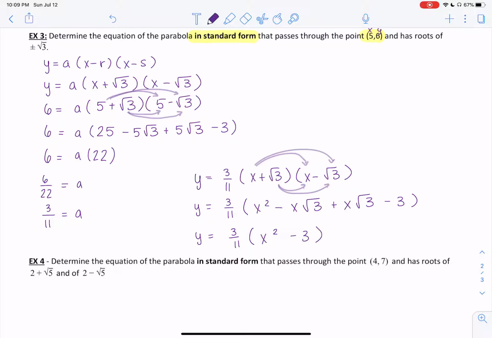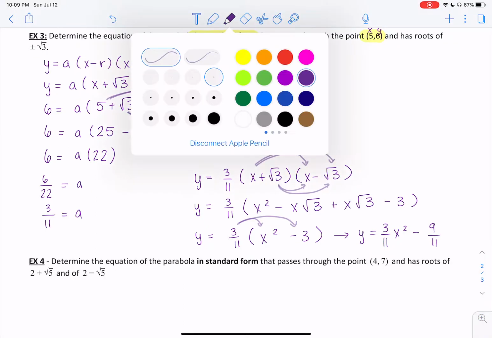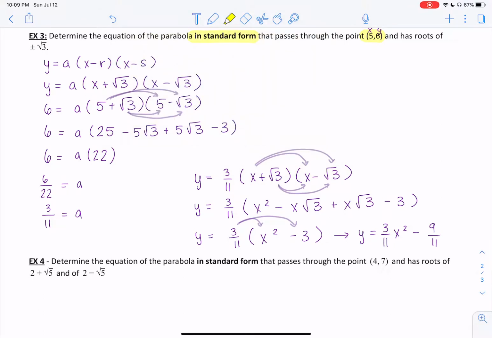And finally, let's just multiply in our 3 over 11. It's not going to be nice numbers, but that's okay. Sorry, I'm running out of room here. We'll have y equals 3 over 11 x squared minus 9 over 11. And now we finally have our final answer.